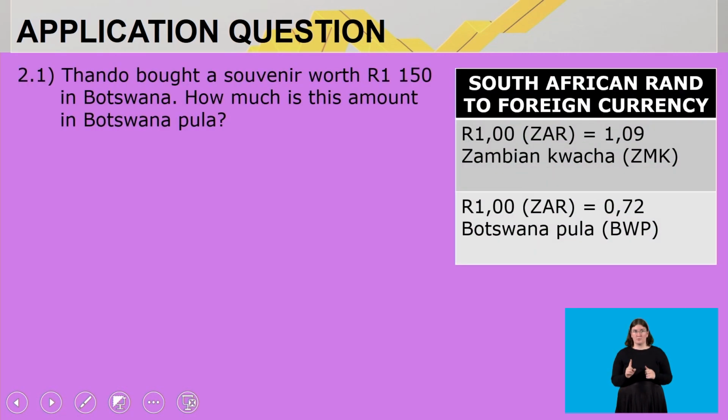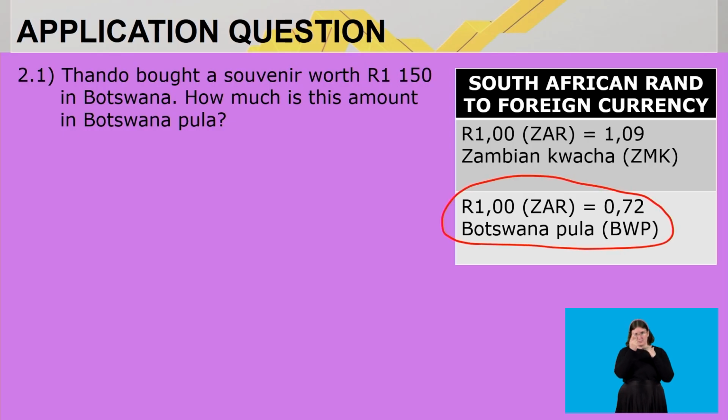In question 2.1, I've indicated that Tando bought a souvenir worth 1,150 rand in Botswana. How much is this amount in Botswana pula? Right, so I'll be looking at this, right? The Botswana pula against the South African rand. Okay, so in this case, if we look at this, we can see the South African rand is slightly stronger. We agree.